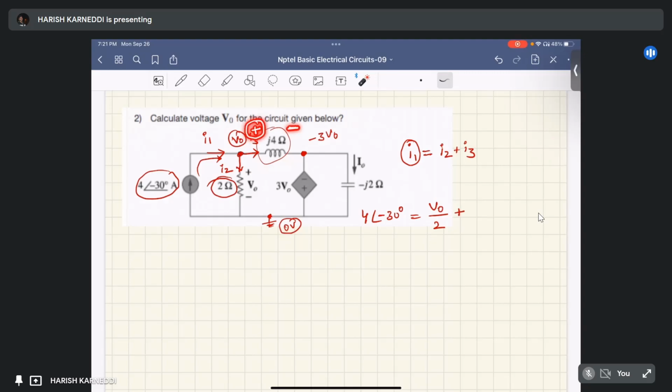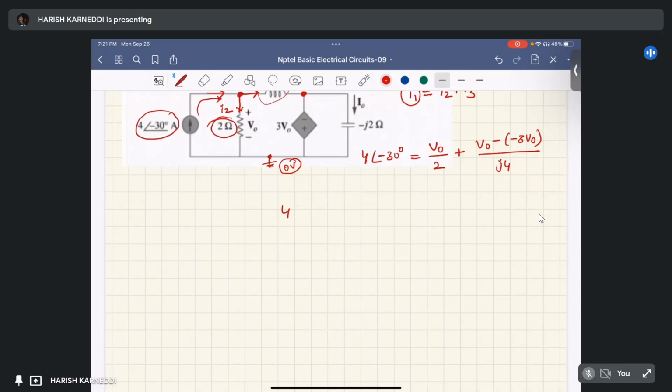At this point the voltage is V0, at that point it is minus 3 V0. So the current is V0 minus of minus 3 V0 by J4 ohm, right? That is 4 at an angle of minus 30 degrees equal to V0 by 2 plus V0 minus of minus, we can write plus 3 V0 by J4 ohm.